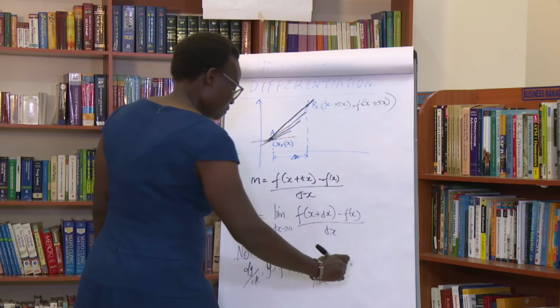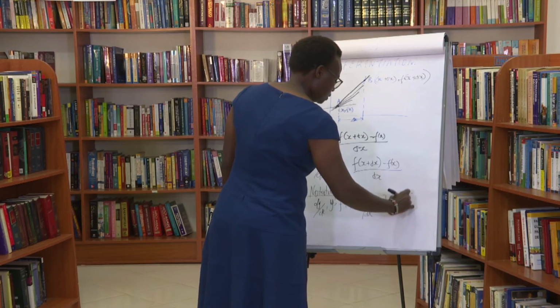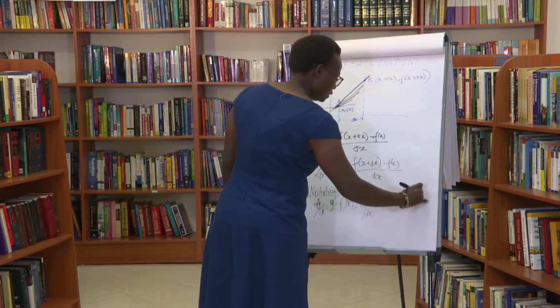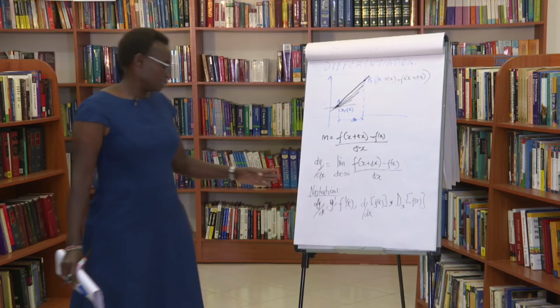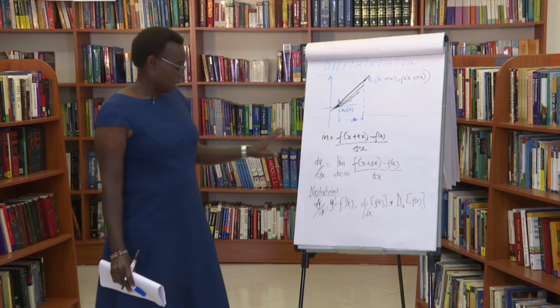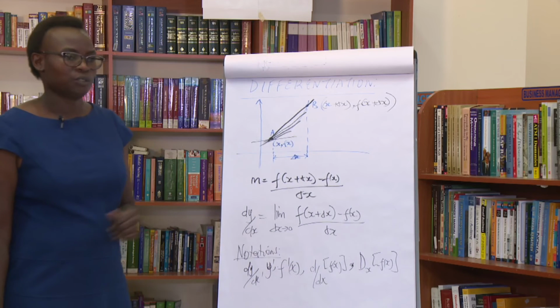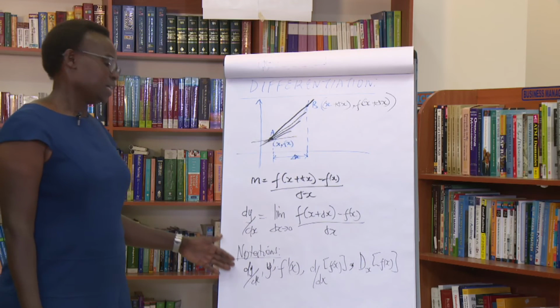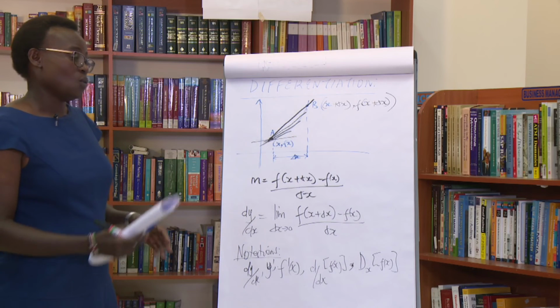And then we have another notation that we can use. So all these are notations for derivative, but it's important to note that in talking about all these notations, we are talking about a function of x.